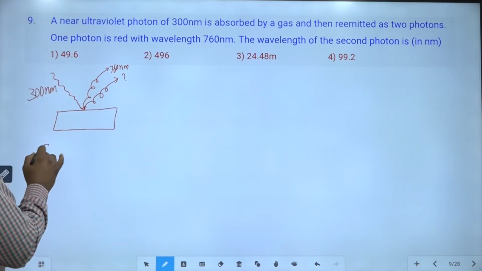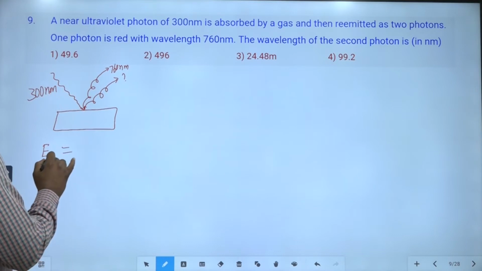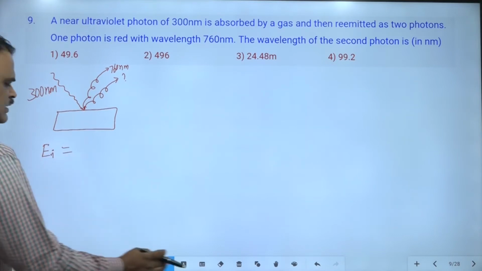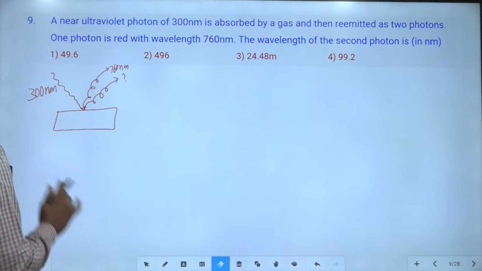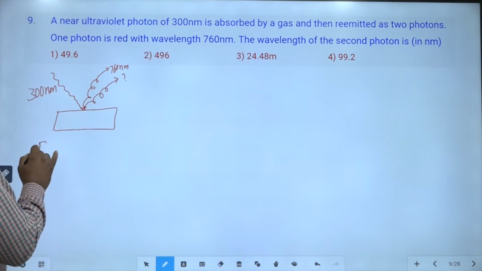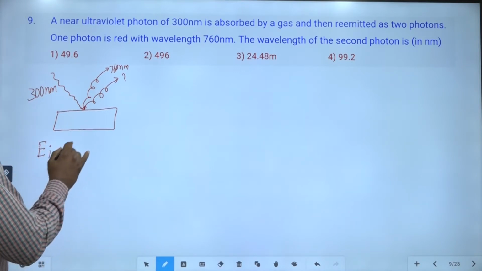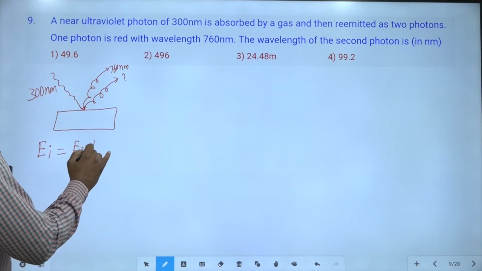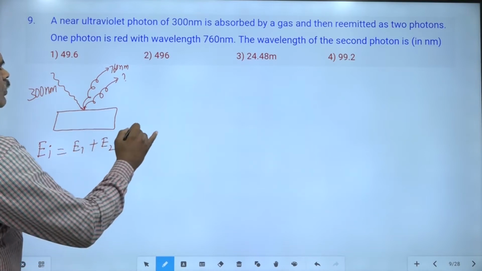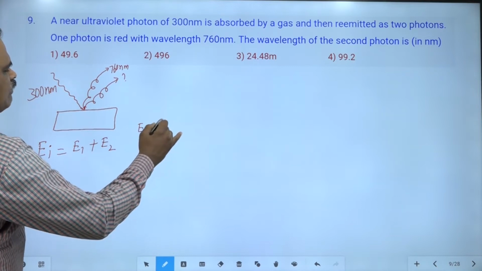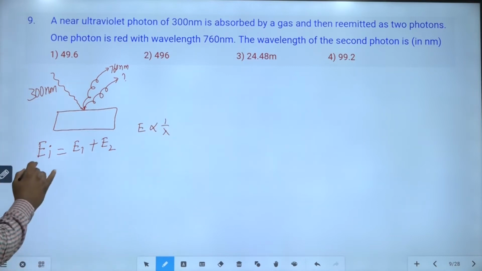So we know that energy incident is equal to energy of first photon plus energy of second photon. But we know that energy is inversely proportional to wavelength.